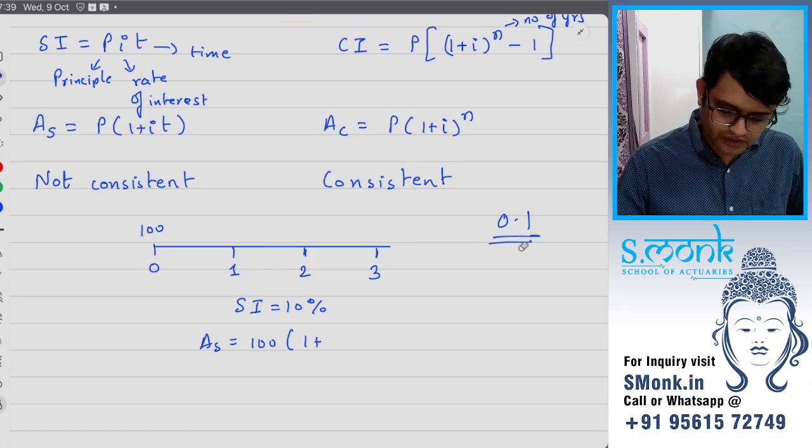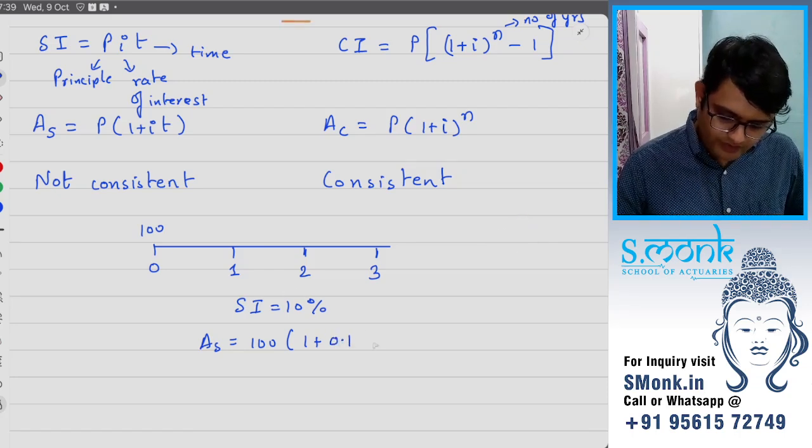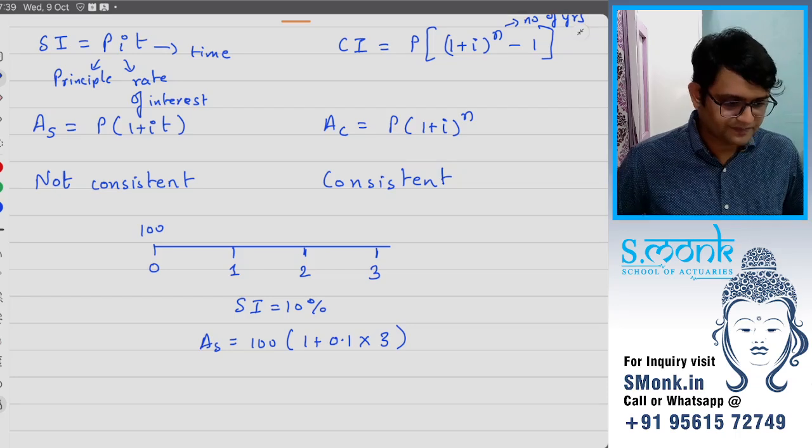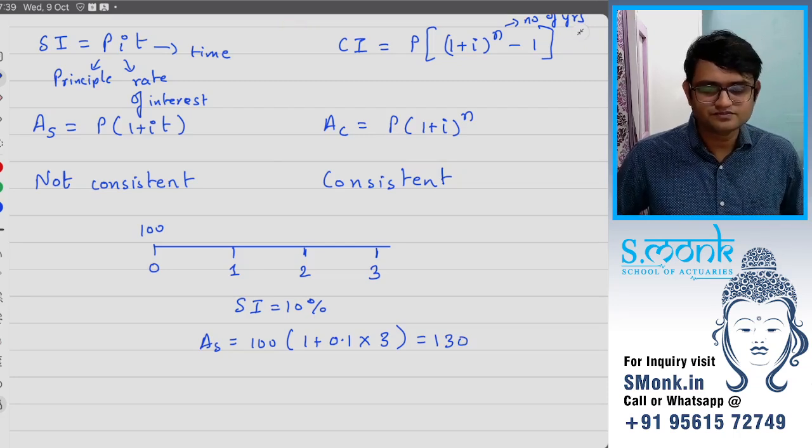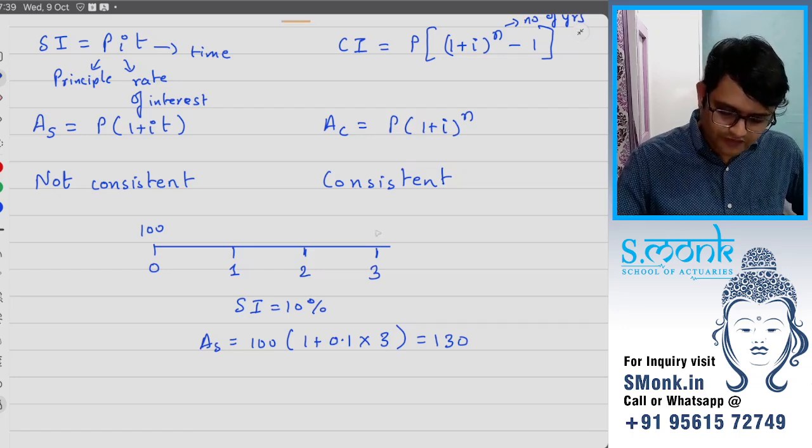So 10% just means 0.1, into the time. We are going for 3 years, so 3. That is going to be 130. So I will return you 130 after 3 years.